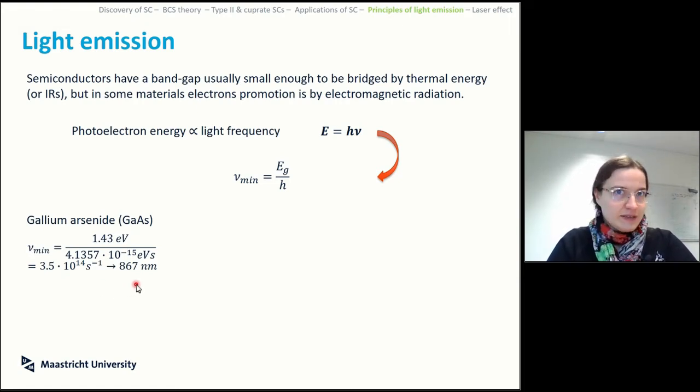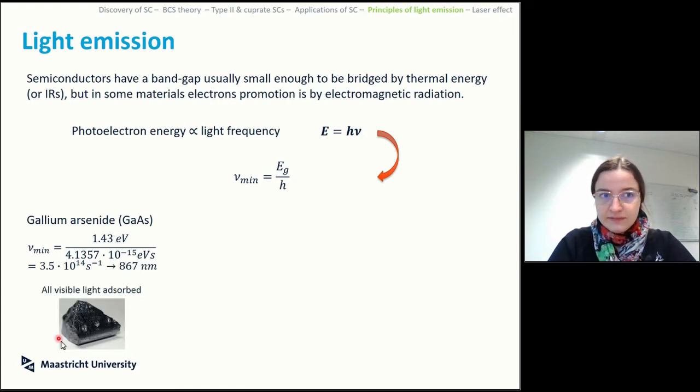So 867 is too high to be visible light, meaning that this thing comes out black, because it is in the infrared region, so all the visible light gets absorbed.